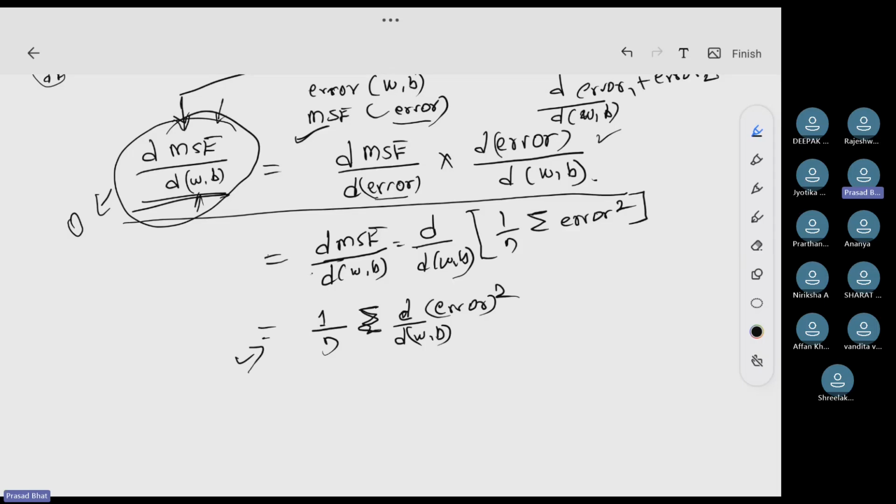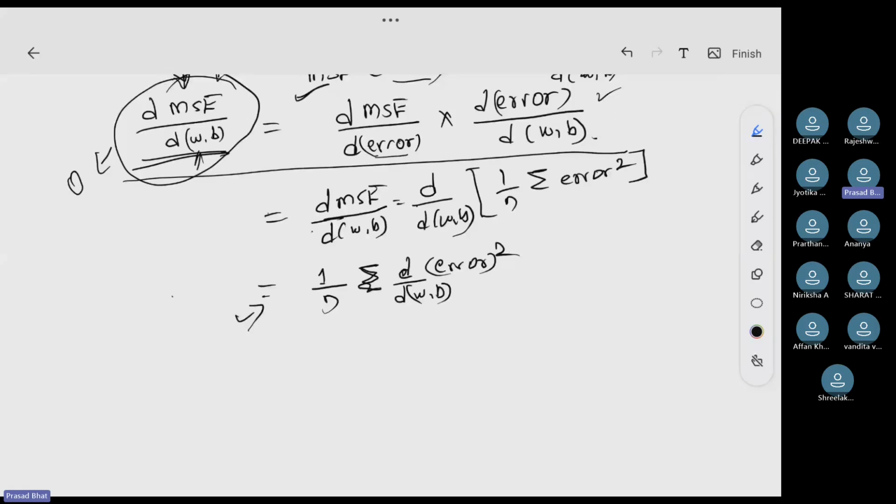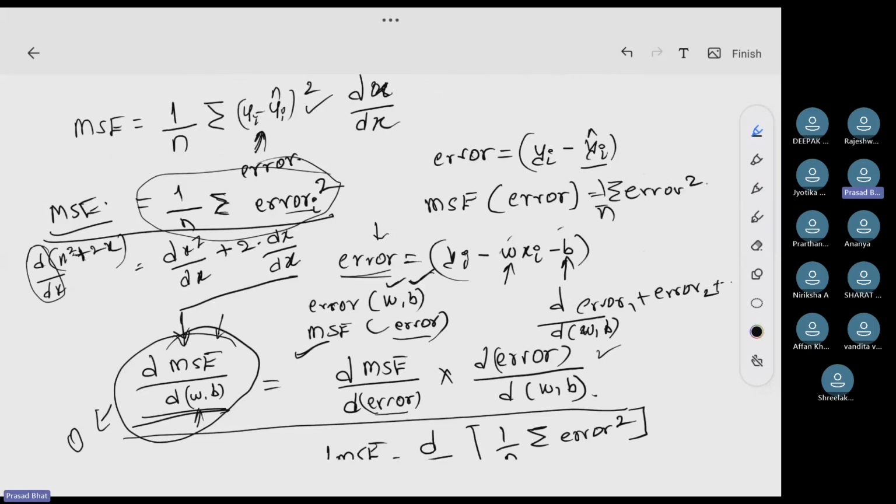Correct. Now, the problem here is we need to apply the chain rule. Why? Error is a function of W comma B, but MSE is a function of error. It's error square, right? So that is why I will do something like this: 1 over n sigma. For this error square, taking this entire thing as a function, I will apply the rule of exponents.